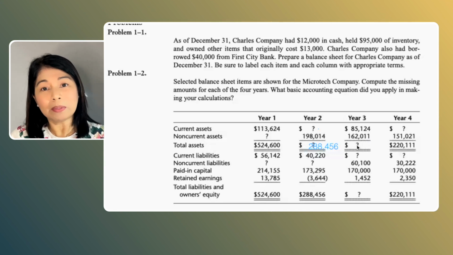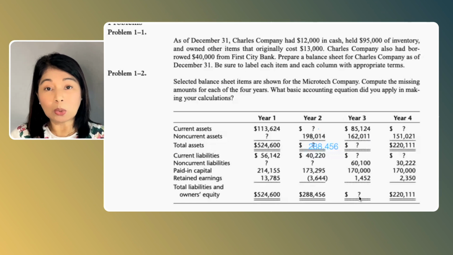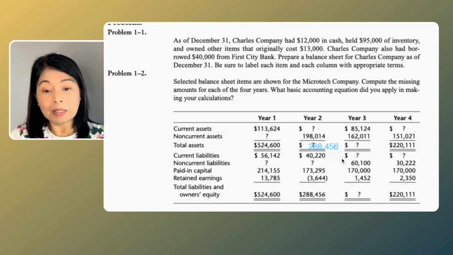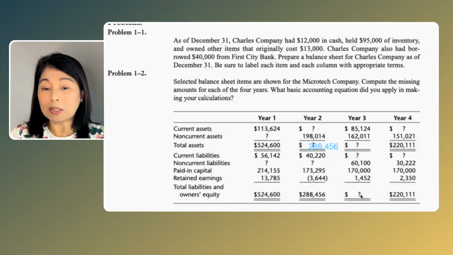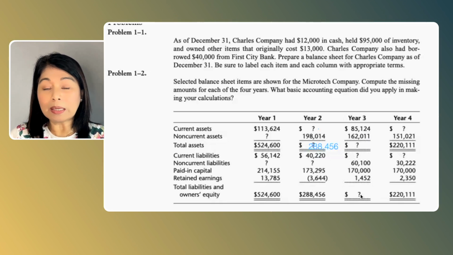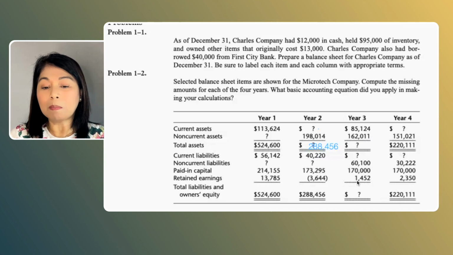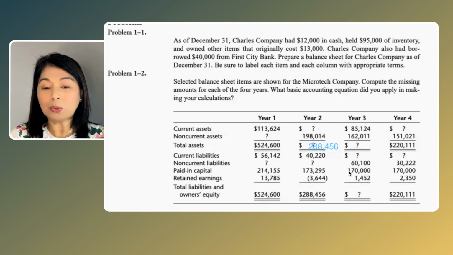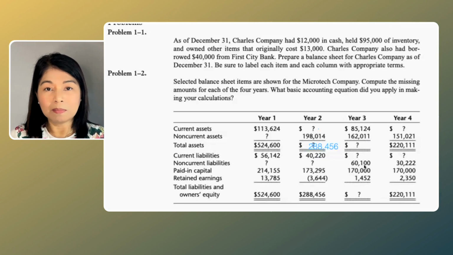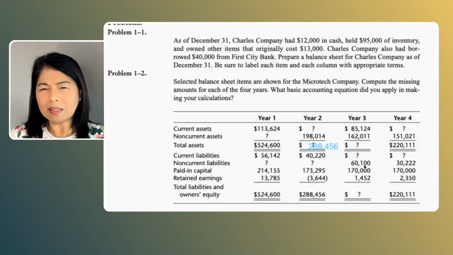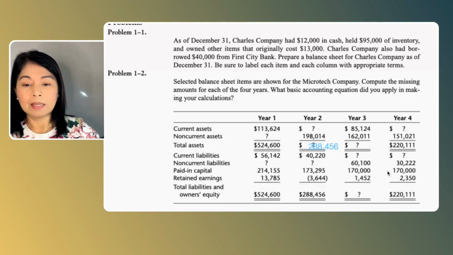And since you have the total asset, you put that in the total liabilities and equity. Below, in this equation, it is easy also because since you already have the total liabilities and equity, you can just minus 1,452, minus 170,000, minus 60,100. Very easy, isn't it? Accounting is very easy.